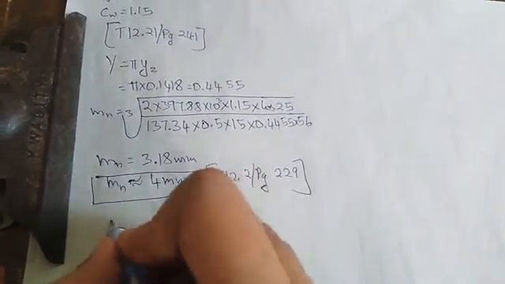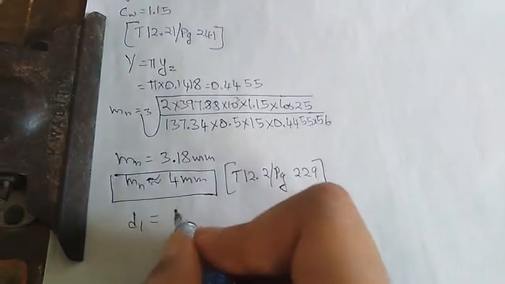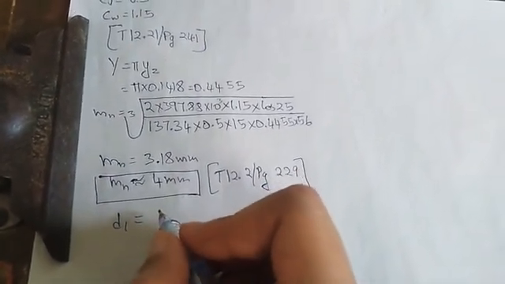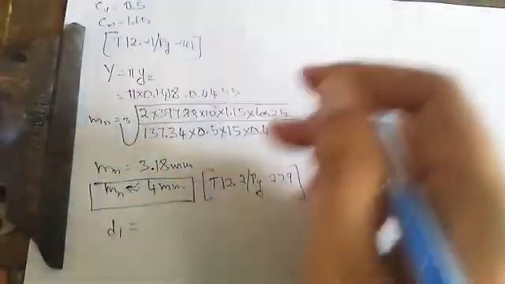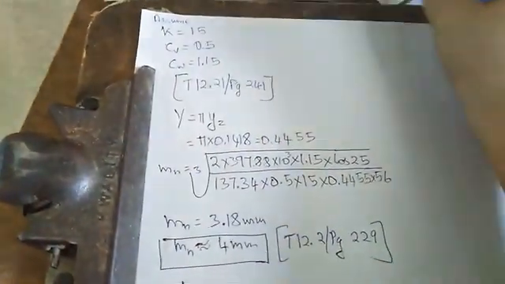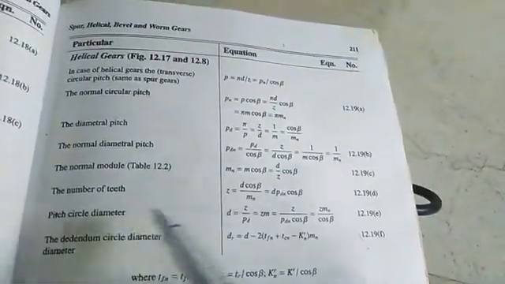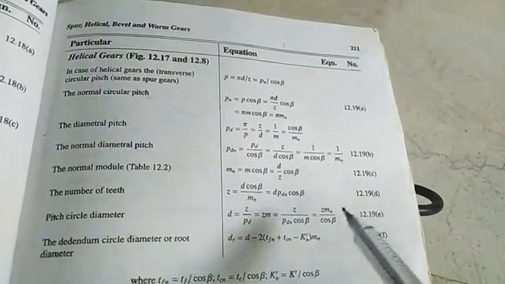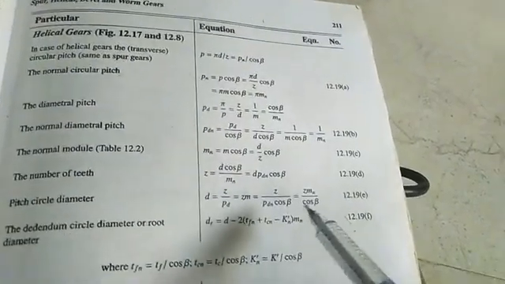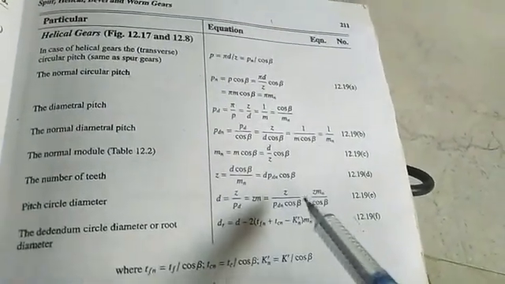Now once we get the module, we can find the diameter of both pinion and gear. The pitch circle diameter of pinion is given by the formula on page number 211. Pitch circle diameter D is equal to Z m by cos beta.